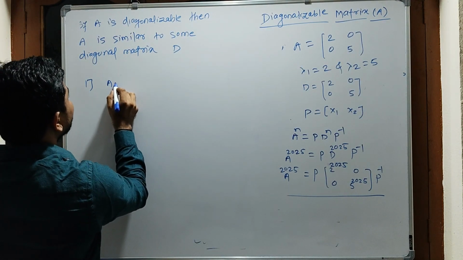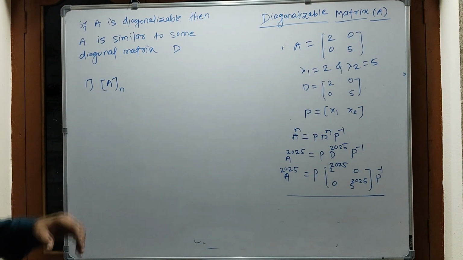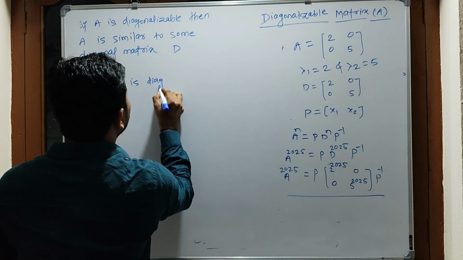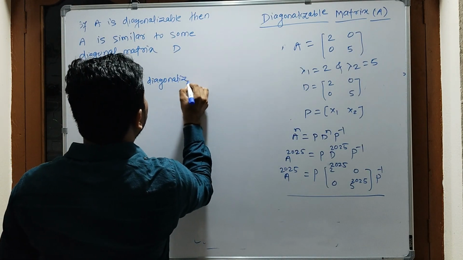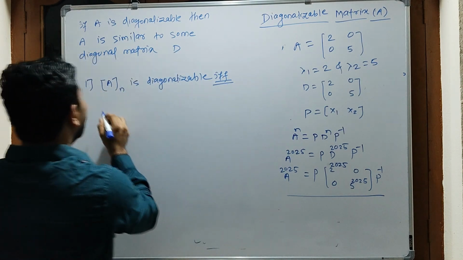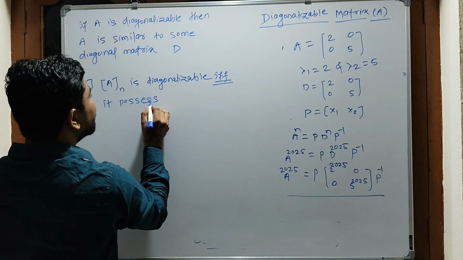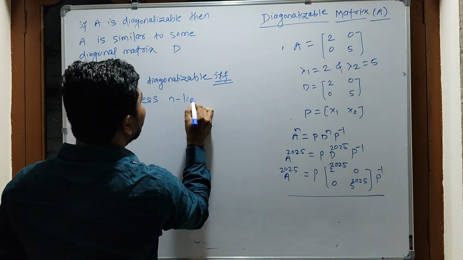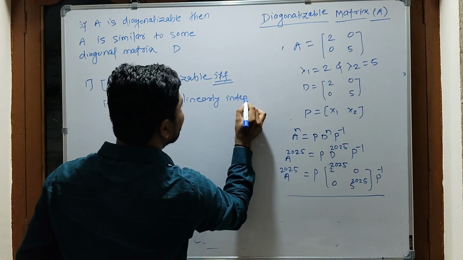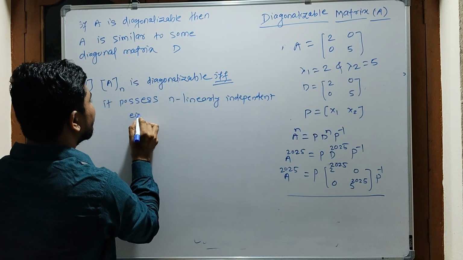If A is a matrix of order n, it is said to be diagonalizable if and only if A possesses n linearly independent eigenvectors.